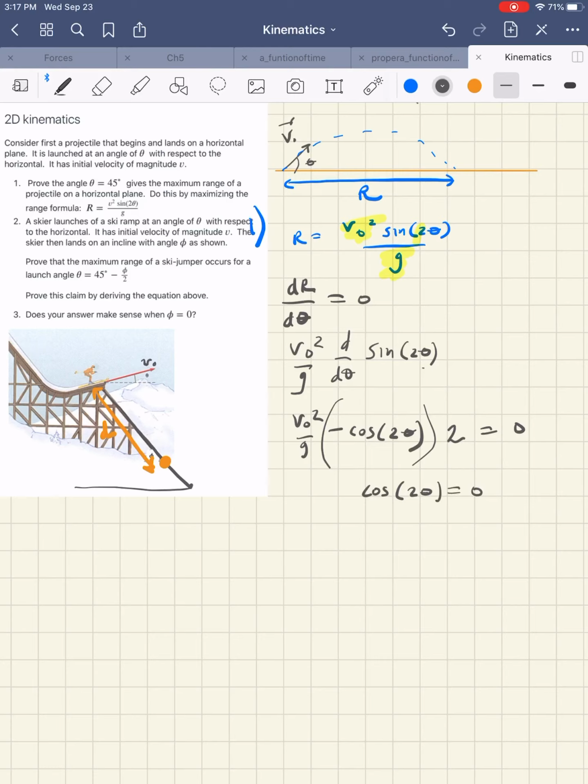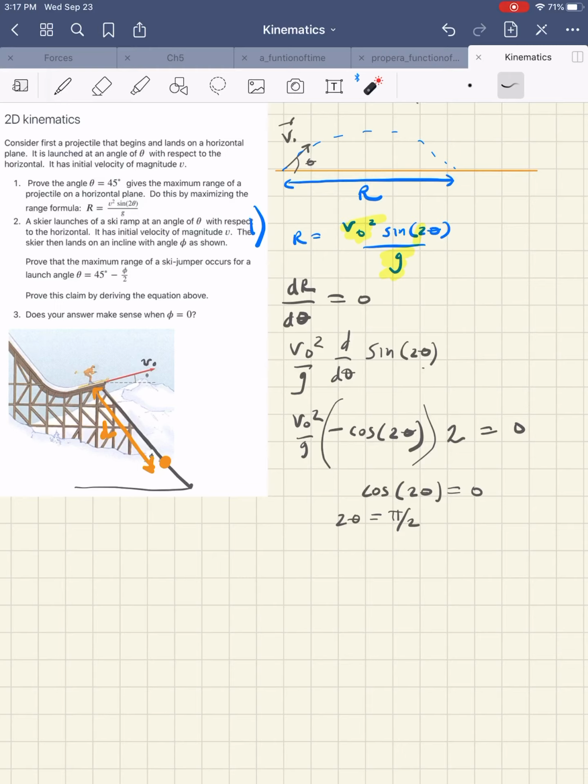When does that happen? That's going to be when 2 theta equals pi over 2, 3 pi over 2, 5 pi over 2, so on and so forth. But we're really only interested in looking at a smaller range of values that are associated with the possible physical part. So maybe up to pi over 2 in this case.